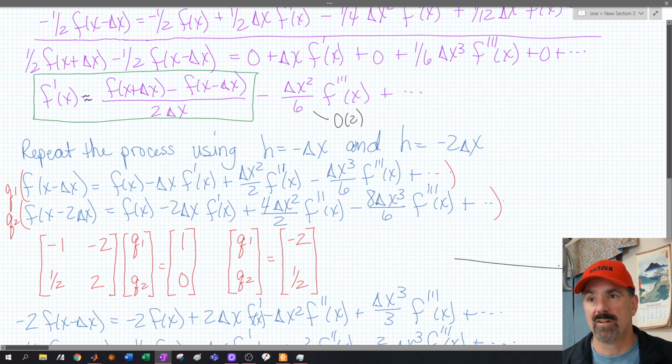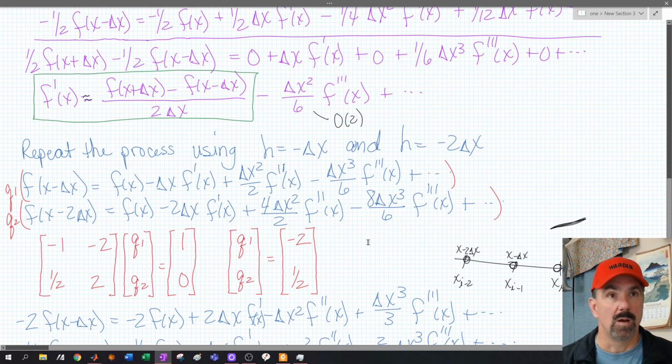We have x and then xi minus 1, which remember is x minus delta x. This is xi, and then I have xi minus 2, which is just x minus 2 delta x. And what we're going to do, instead of using this front value up here, we're going to use these three function values to approximate the derivative up here.